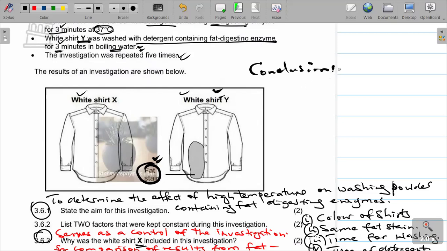So we can say that the conclusion that we can make here is that high temperature denatures, destroys, the fat digesting enzyme.